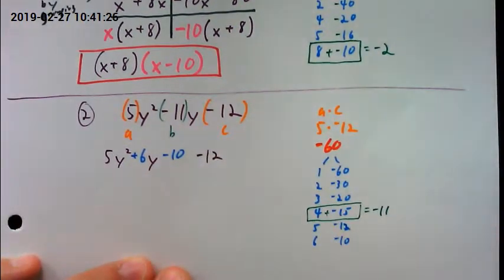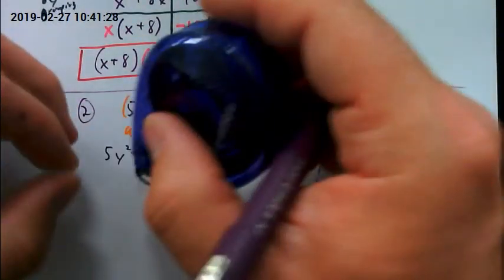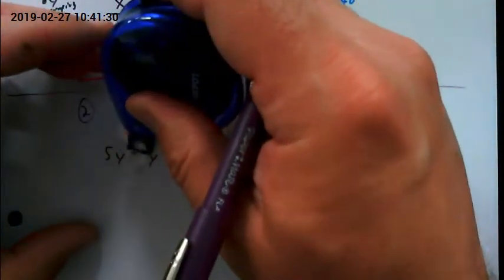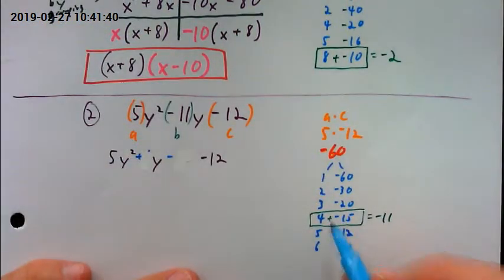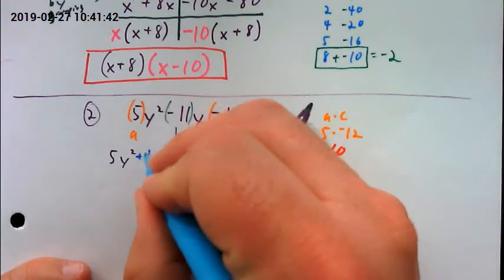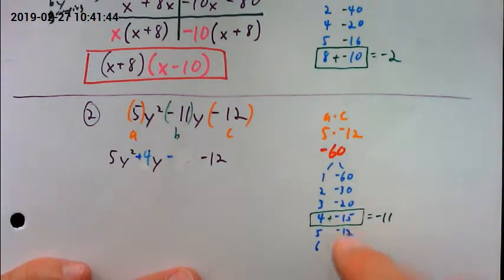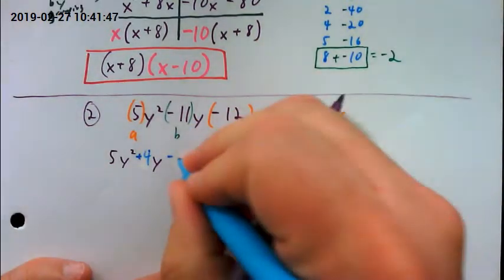Oh, oops, sorry, I copied the wrong values there. Let me try that again. I looked at the wrong two values. We had them right when I asked you guys. I just wrote the wrong thing. Sorry, the ones I circled are the positive 4 and the negative 15.